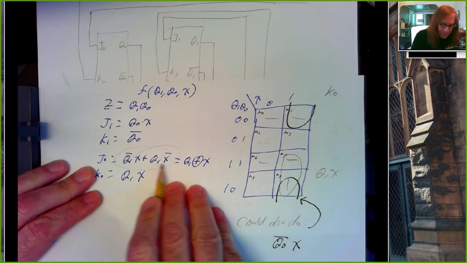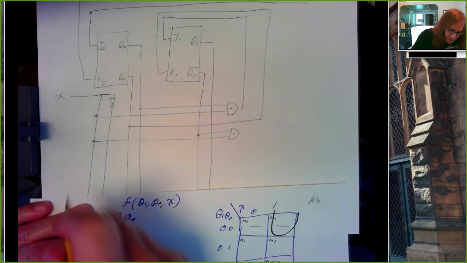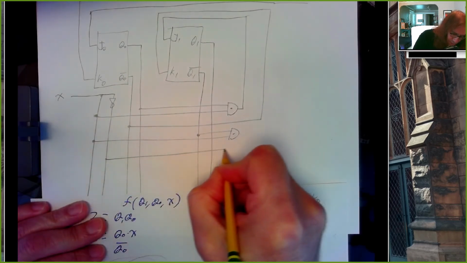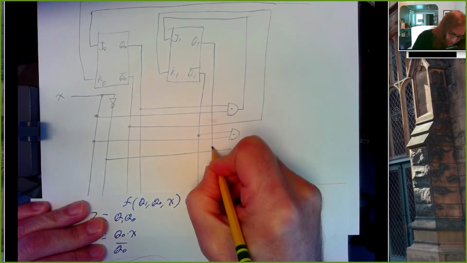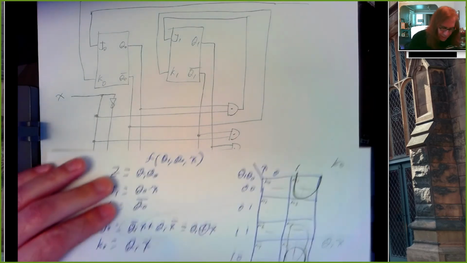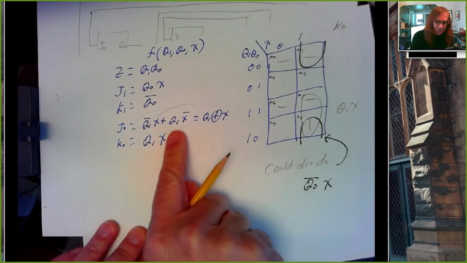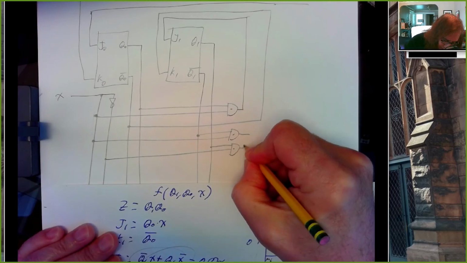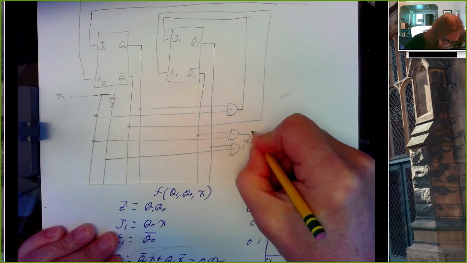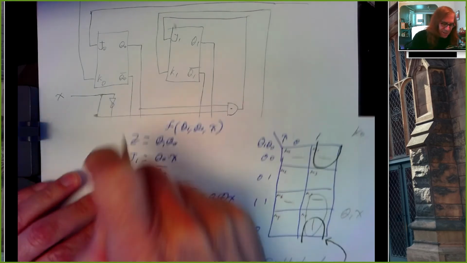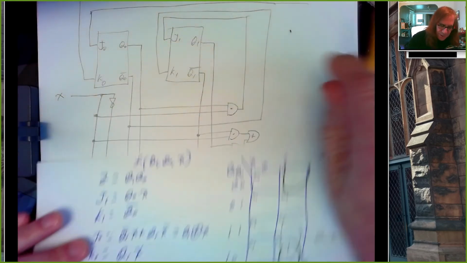And then let's do Q1 ANDed with X bar. So here's X bar, and here's Q1. There's my banana fruit fly. And we want to take those and OR them. So we'll put those into an OR gate, and that's going to be J0, which is right here.